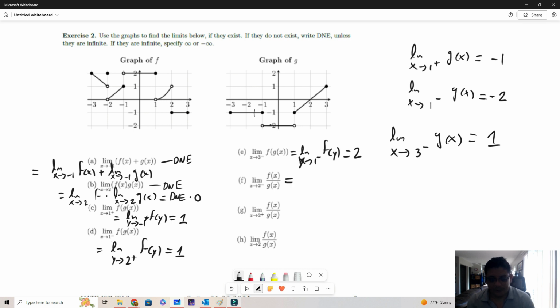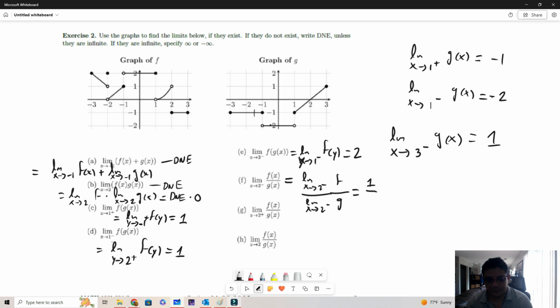Now for this quotient, I need to find out what is the limit when x goes to 2 by the left side of f and g, right? And if this limit exists, then the limit of the quotient is going to exist. 2 by the left side here of f is actually going to be 1.